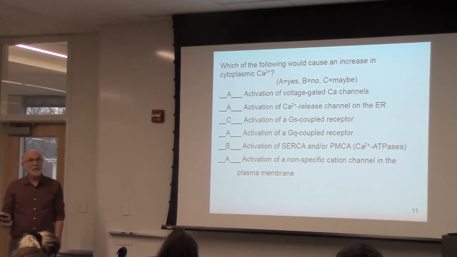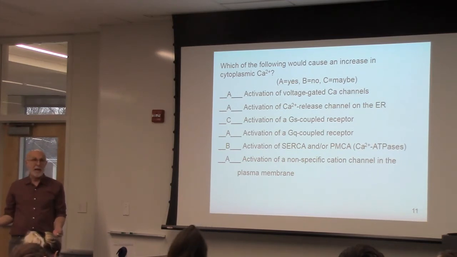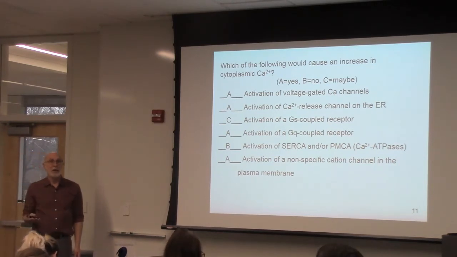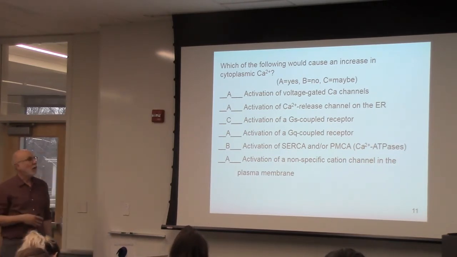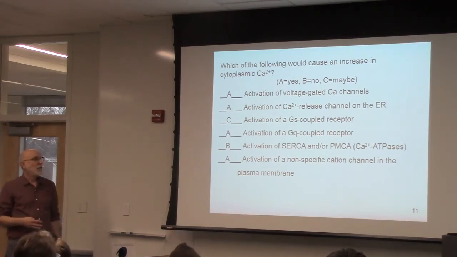If it's non-specific, it means calcium can flow, because calcium is a cation. So even though it allows sodium and potassium also to flow, it allows calcium to flow. Calcium will flow from the extracellular fluid into the cytosol and will increase cytosolic calcium.